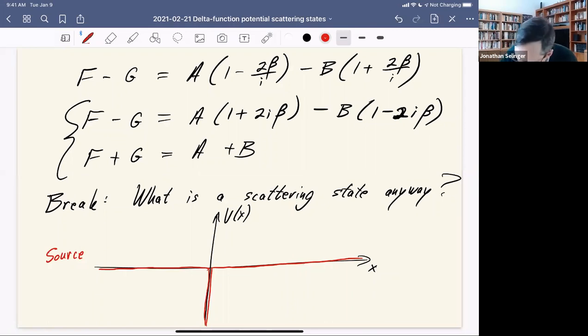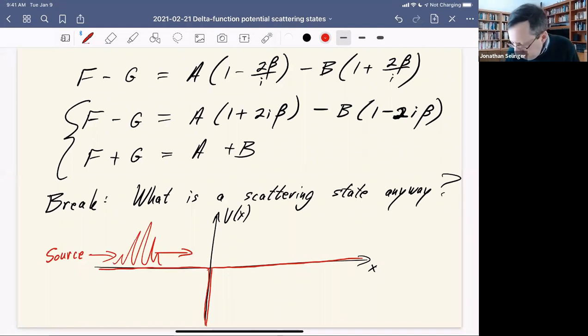And so it is making particles or waves, like wave packets coming in like this, and that is headed towards the delta function potential.